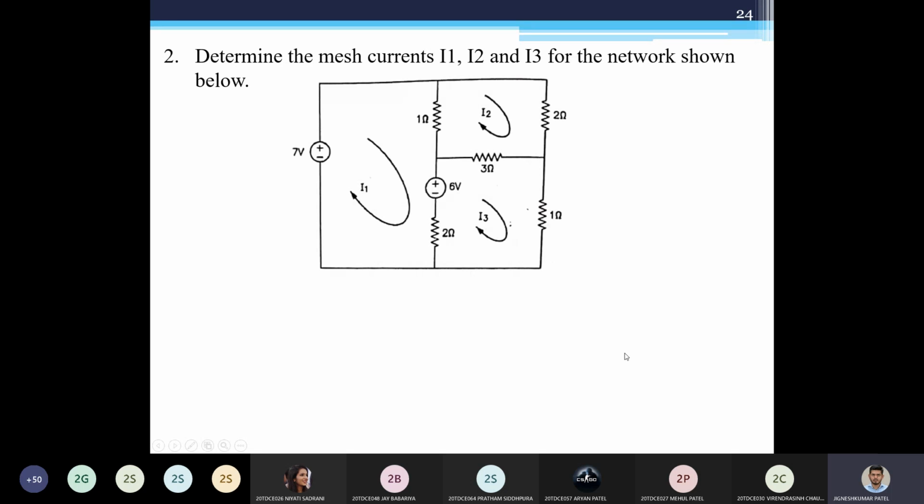Okay. Now I have one more example, and you are going to calculate this example and give me the answer. I'll give you 5-10 minutes to solve this. So start solving this example.